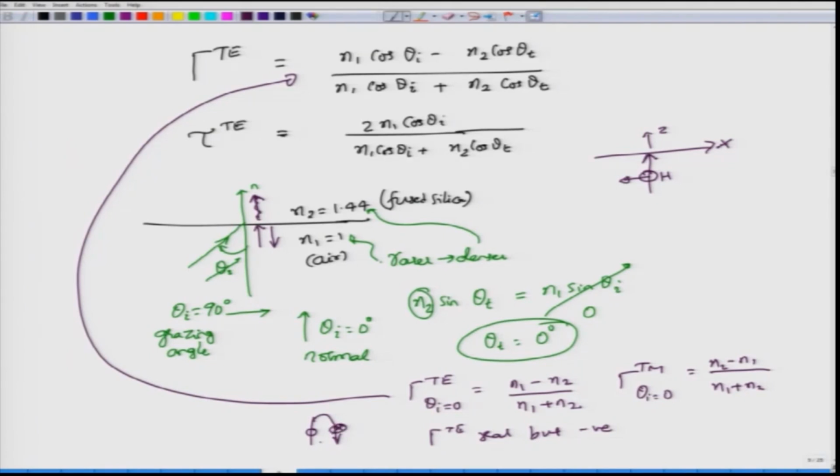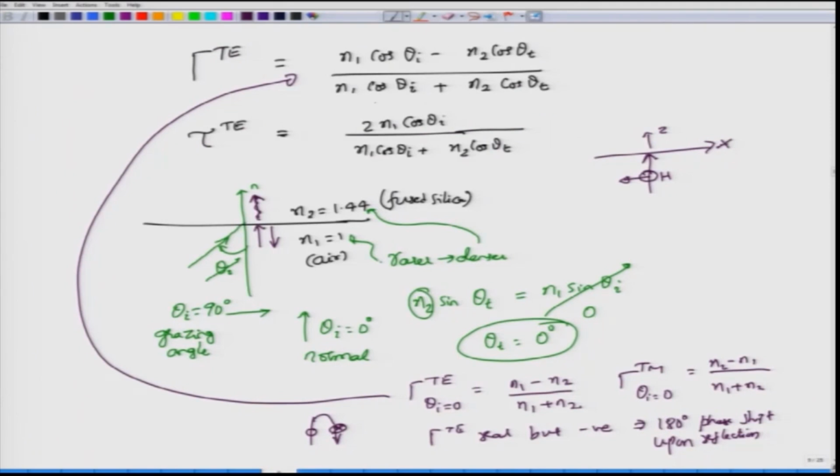So, it would be in this way, and this electric field would experience a 180-degree phase shift, indicating a 180-degree phase shift upon reflection, okay, upon reflection. Whereas, the case that we have considered here, the transverse magnetic field would not experience any phase shift, and the reflection coefficient will be real and positive.